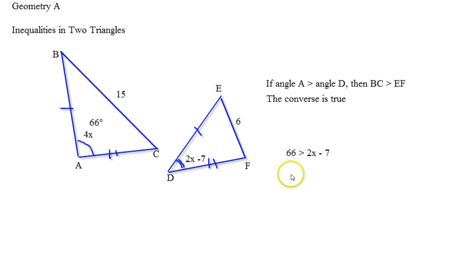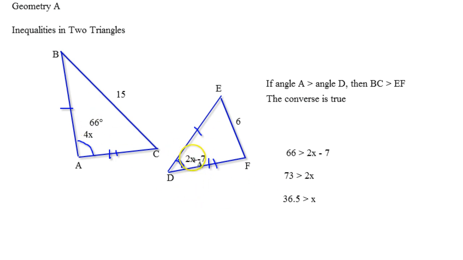Okay, so I'd add that, so I should get 73. Yep, 73 is greater than 2x, and then I would divide both sides by 2, and 73 divided by 2 is 36.5. That would be greater than x. Okay, so x would have to be less than 36.5.